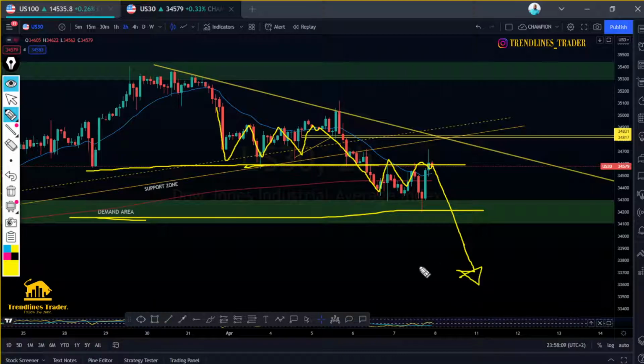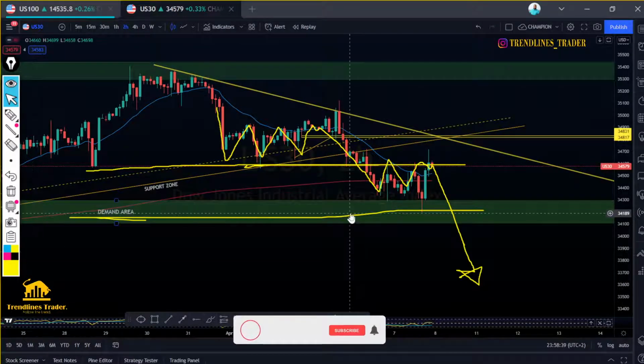We just have to wait and see to witness that and be able to trade that area, so that we are not left behind. It's so boring to be left behind. Sometimes we are trading because we have what you call the fear of missing out. We shouldn't have that fear of missing out when it comes to our trading.